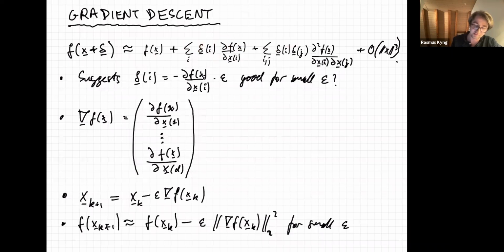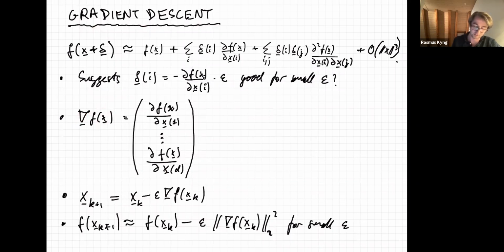I could set every delta i to be the derivative in that coordinate with a minus sign, and then maybe scale it down by some epsilon to make it small. If I make it small enough, then this should be the dominant term and I should make progress. And then just as a bit of notation, we call the vector of all of the partial derivatives the gradient. And so this is called gradient descent.